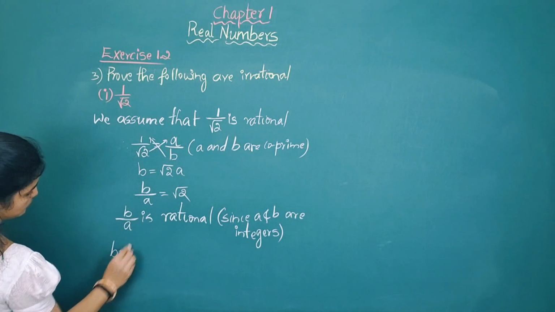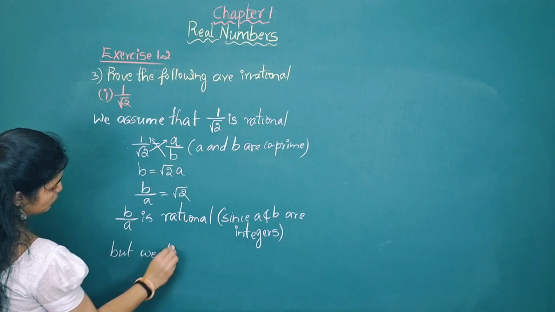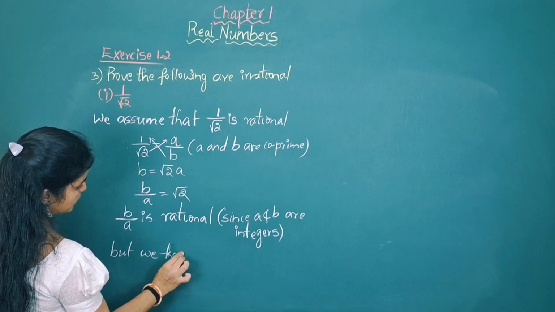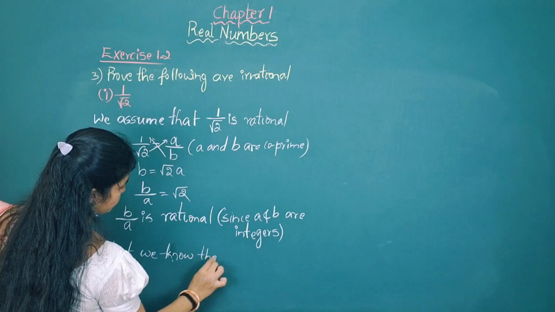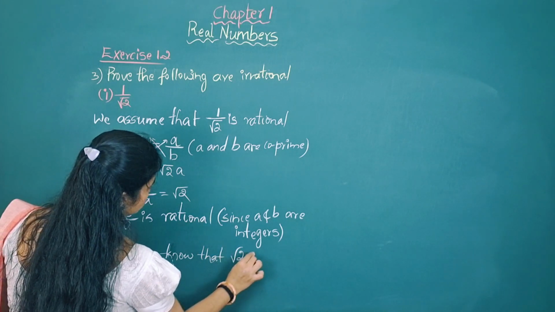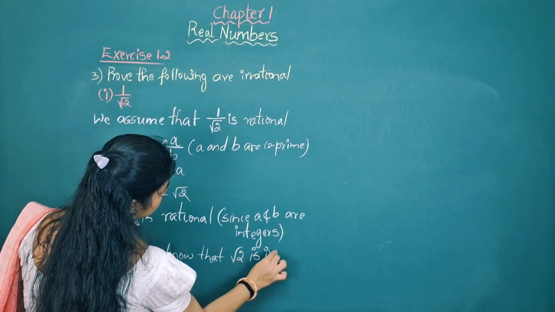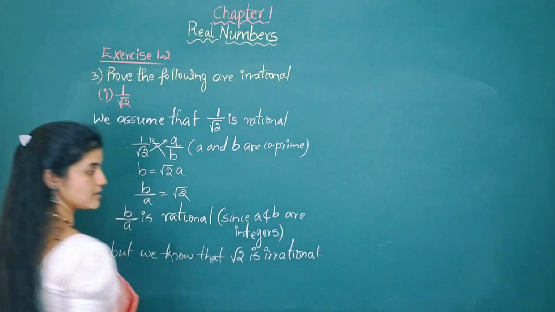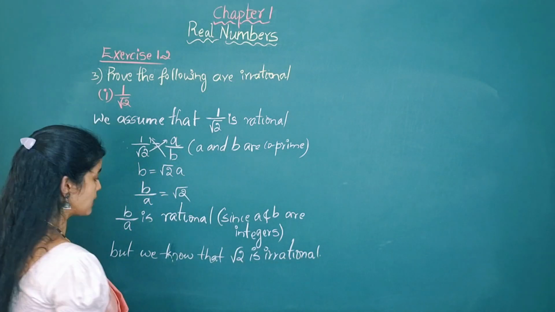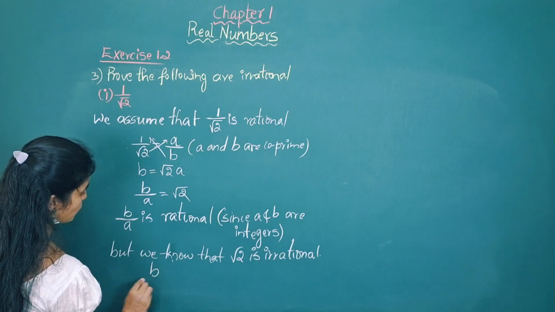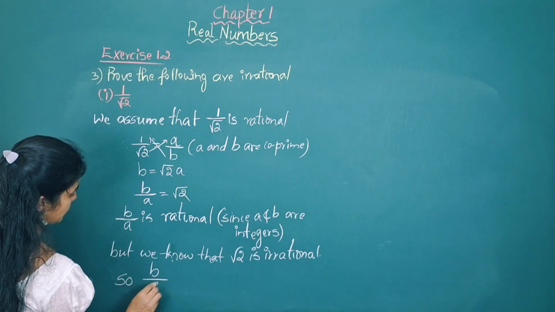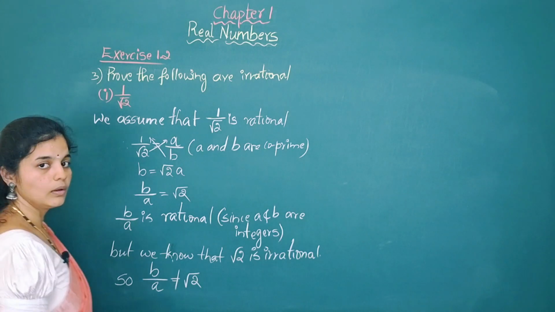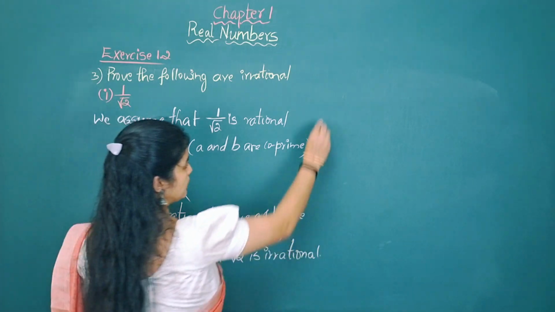But we know that root 2 is irrational, but b by a is rational. So b by a cannot be equal to root 2.